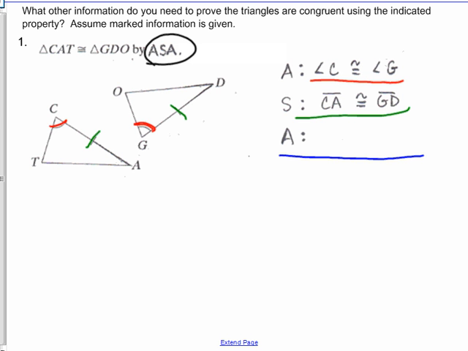So we need to have the included side, the green one here. So we need to have this angle congruent to this angle. So we need to have angle A congruent to angle D.